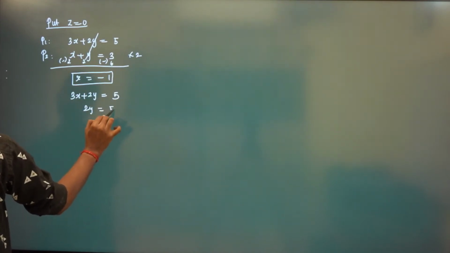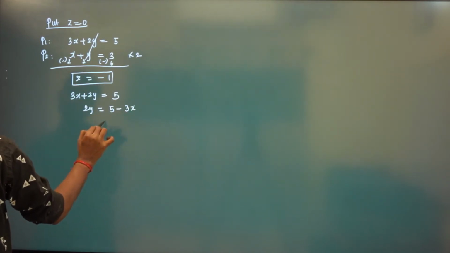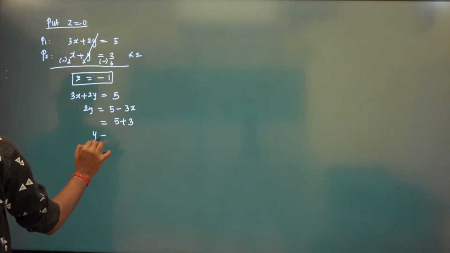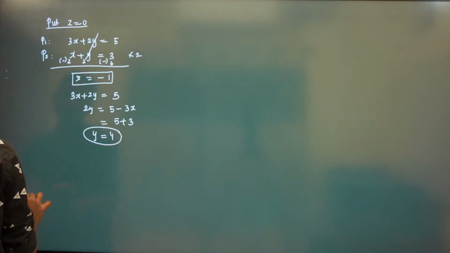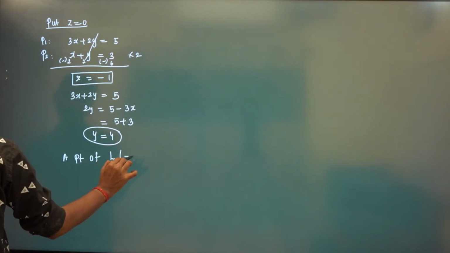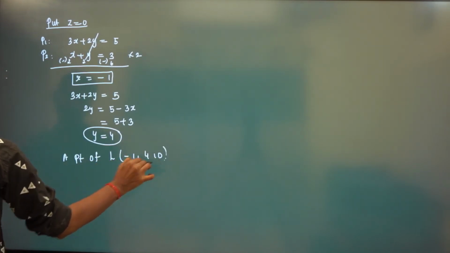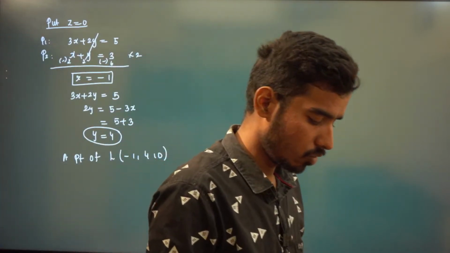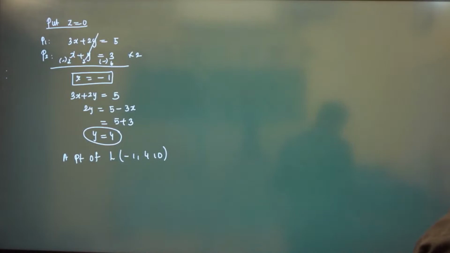So 2y is equal to 5 minus 3x, and this will be 5 plus 3, so you will have y equal to 4. So a point on L is minus 1, 4, 0. You can find any point, I'm just finding one point, which is minus 1, 4, 0.